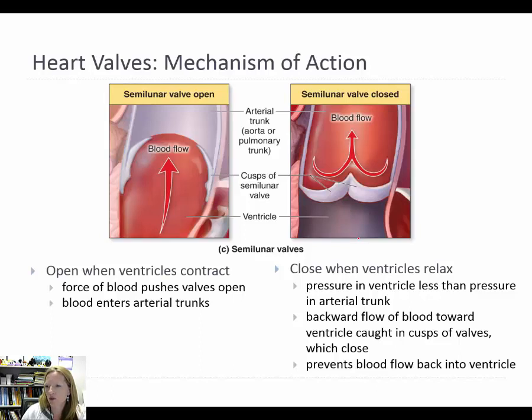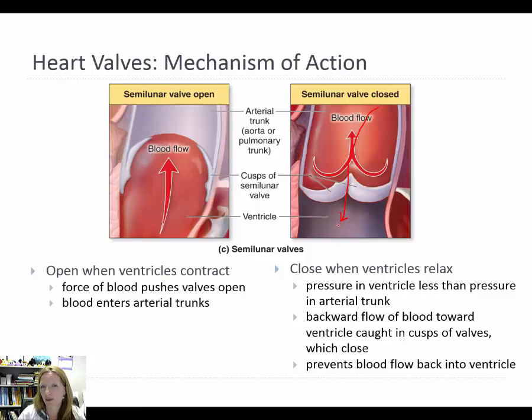So the pressure in the ventricles is going to become less than the pressure in the arterial trunk. And because of that pressure difference, blood is going to want to start to flow back. Blood moves on a pressure gradient, meaning that it goes from a high to low pressure. And if this starts to drop, then it's going to want to flow all the way back.